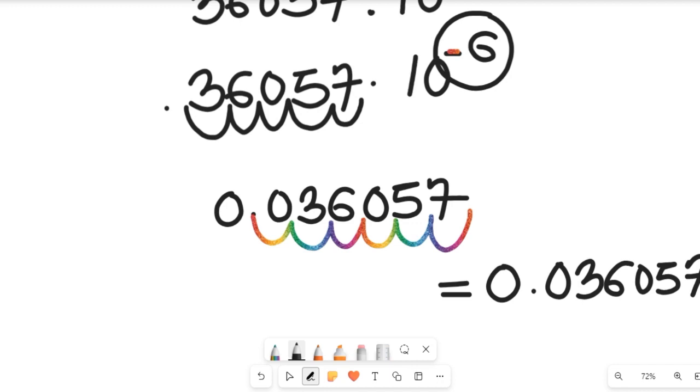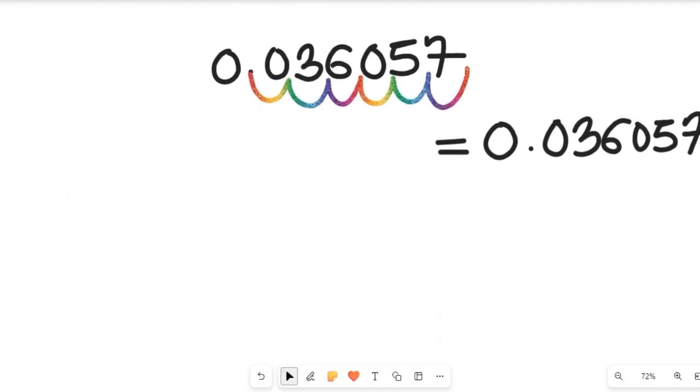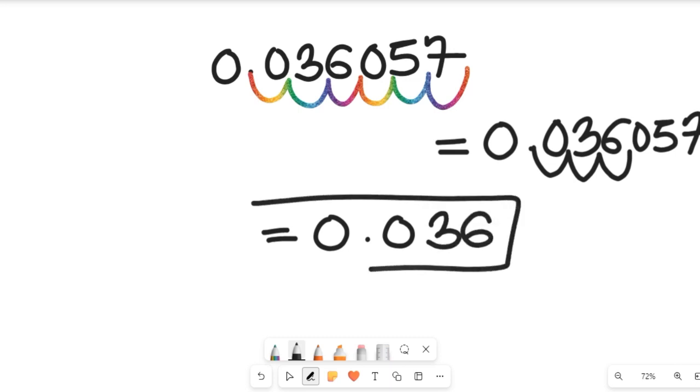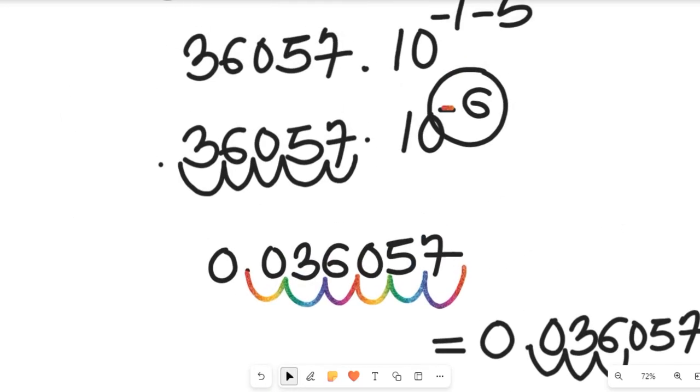Now remember, the question says we should put our answer in 3 decimal places. So the answer in 3 decimal places is going to be 1, 2, and 3. So our solution is going to be 0.036, and that's the solution to the decimal fraction we are asked to evaluate.